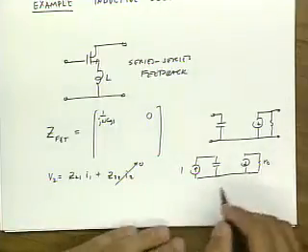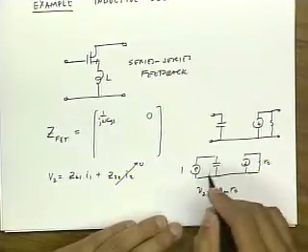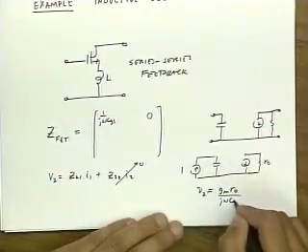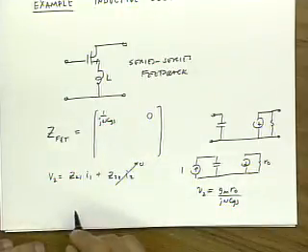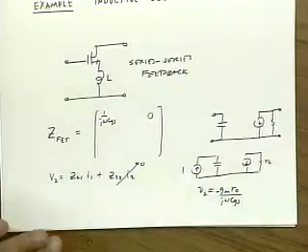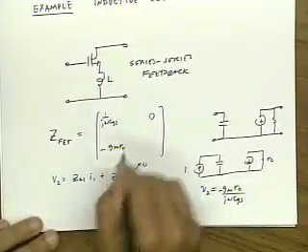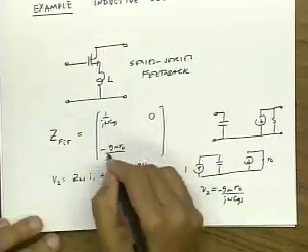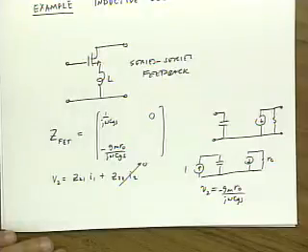Well, the output V2 is simply GM RO divided by j omega CGS. So minus, right? So Z21 is minus GM RO divided by j omega CGS. And finally, what's Z22?